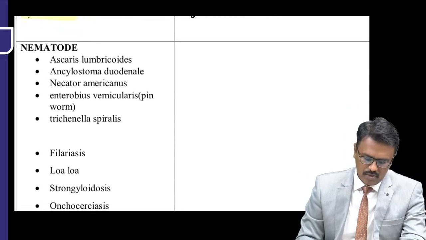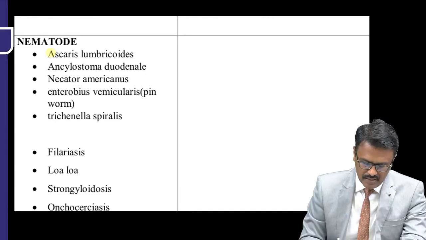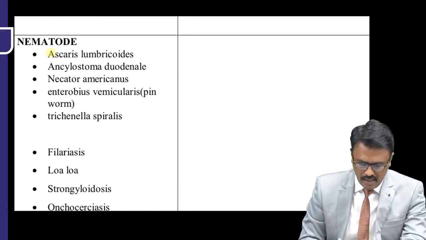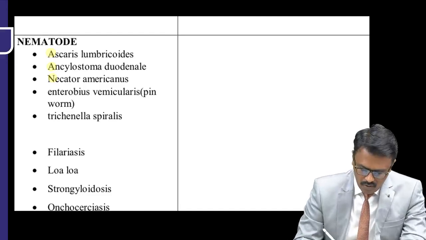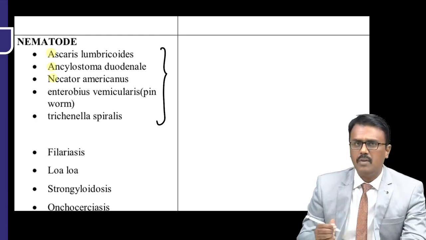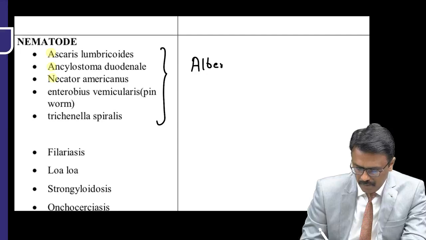Now, moving on to the nematodes. For all the nematodes, take the example of Ascariasis lumbricoides, Ancylostoma duodenale, Necator americanus, pinworm, Trichinella spiralis. For all the nematodes, usually the drug of choice is albendazole.